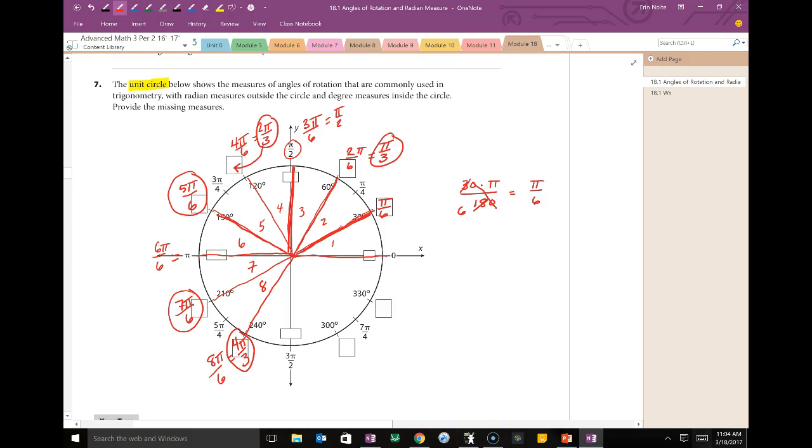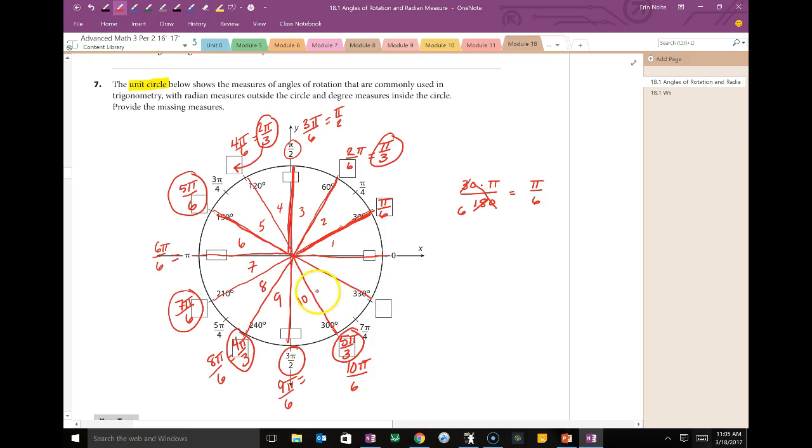Okay, then I'm at 9 pi. 9 pi out of 6 reduces to 3 pi out of 2. 3 pi over 2. Okay, keep going. Now I'm at 10. So 10 pi of 6 reduces to 5 pi over 3.